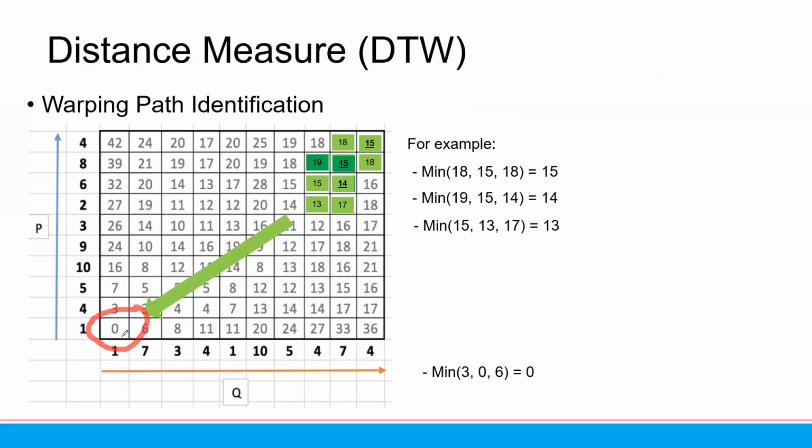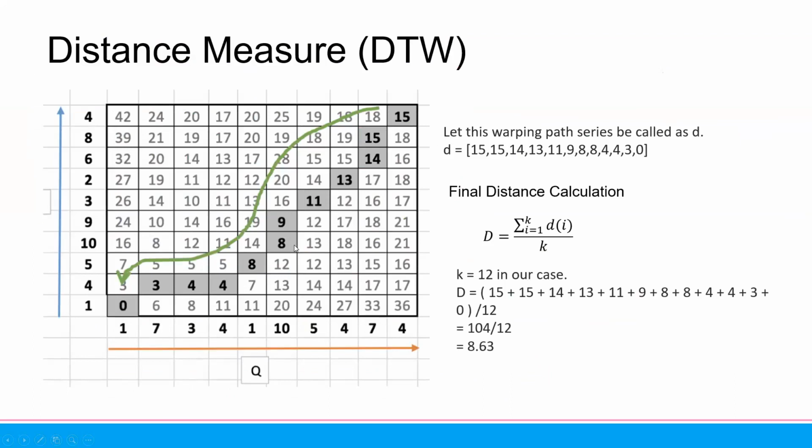After we have this one, we need to check what is the minimum between 3, 0, and 6. So the minimum is 0. And we can have something like this. This is the warping path.